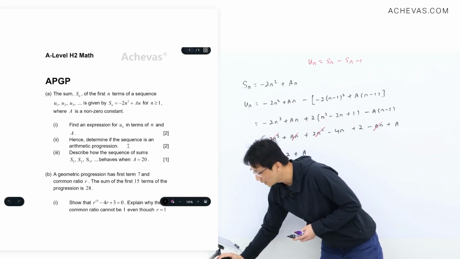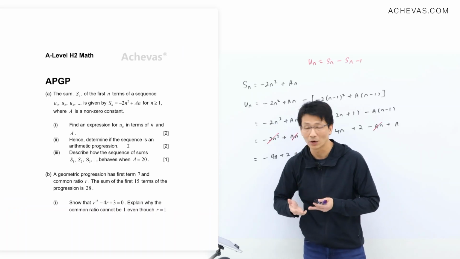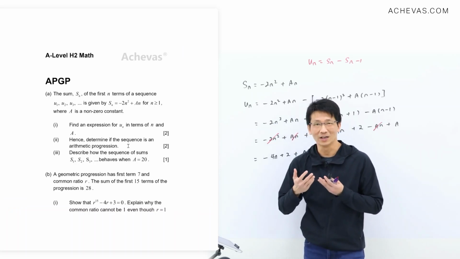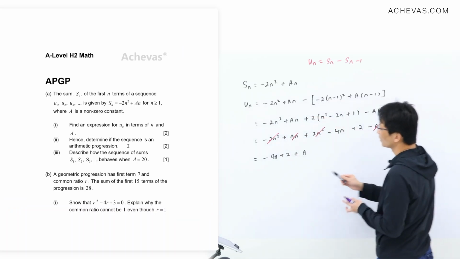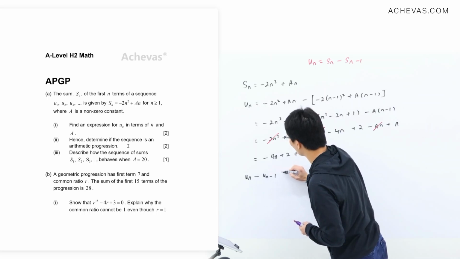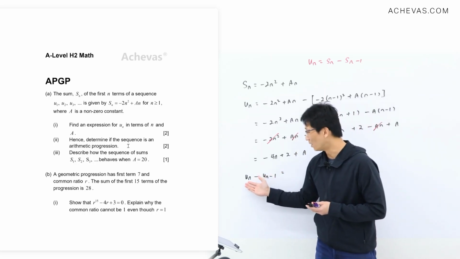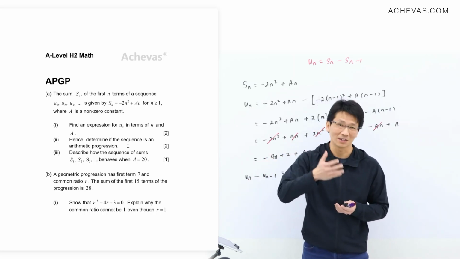And part 2 says, hence determine if the sequence is an arithmetic progression. To show whether it is an AP or not, we will be using un minus un minus 1. What we are doing here is using a general term for this series and subtracting its preceding term.